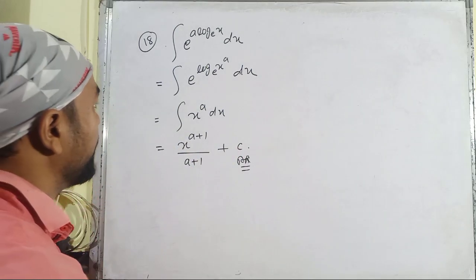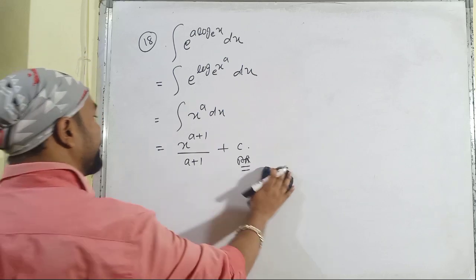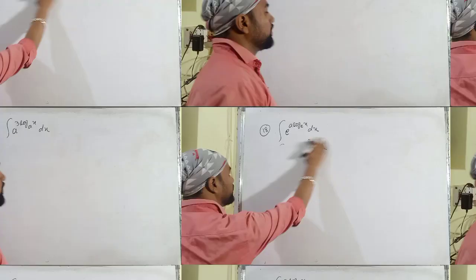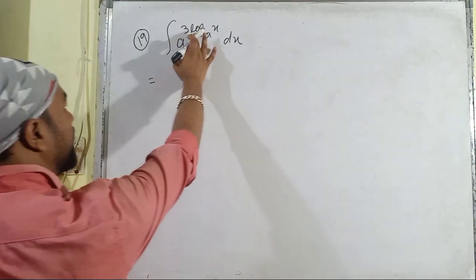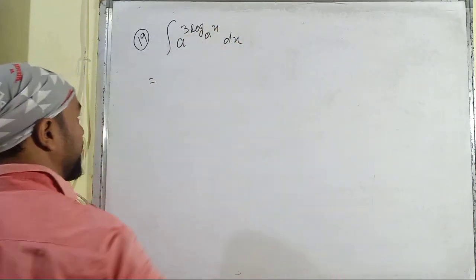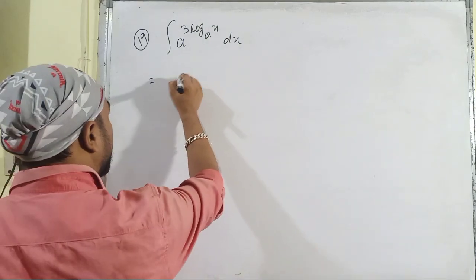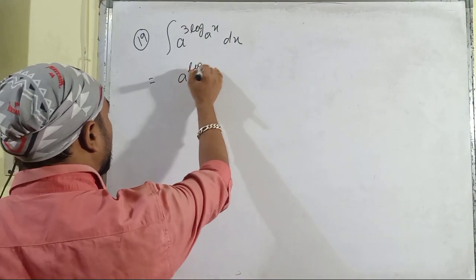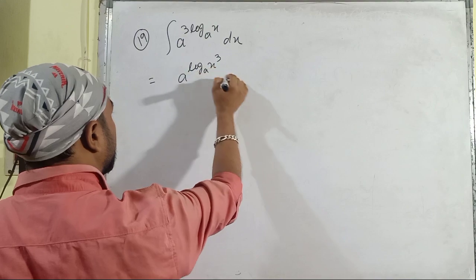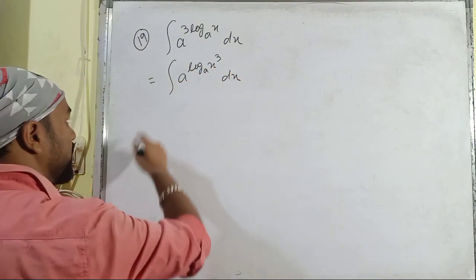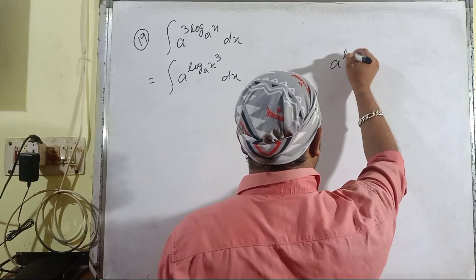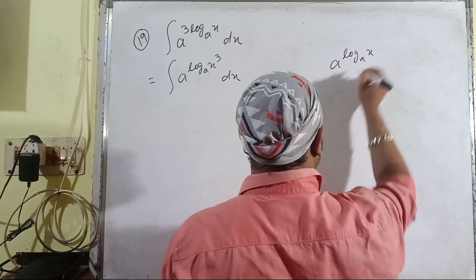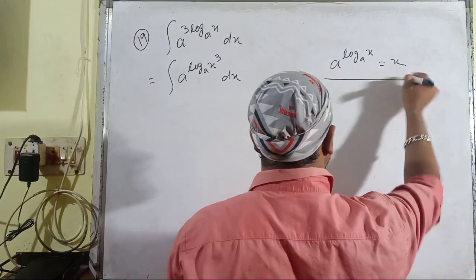Then moving to the problem number 19. In the problem number 19, we have to integrate a to the power 3 multiplied with log x with base a. So it will be a to the power log x to the power 3 with base a, and we have to integrate with respect to x. But we know that a to the power log x with base a is always x.